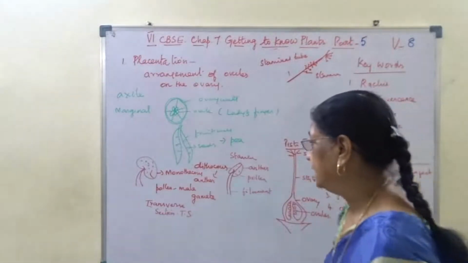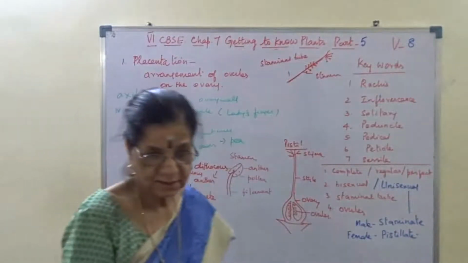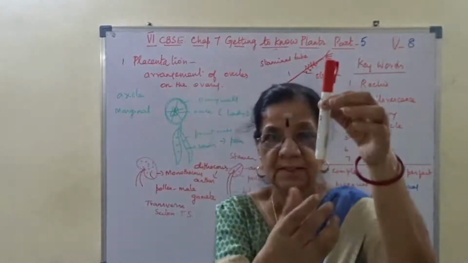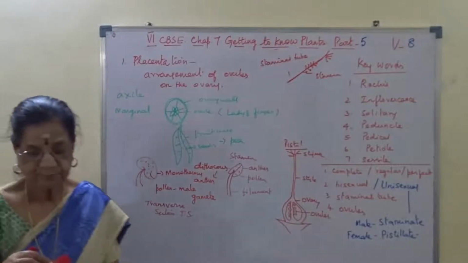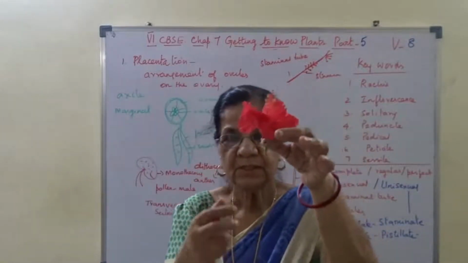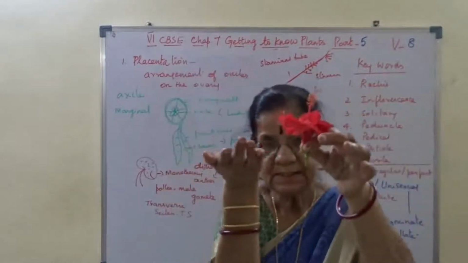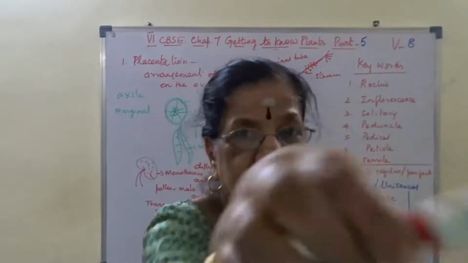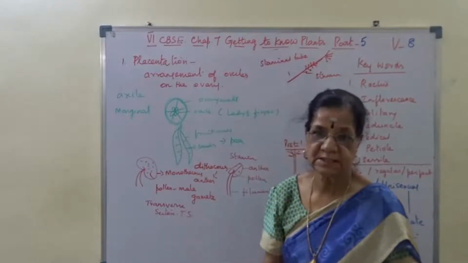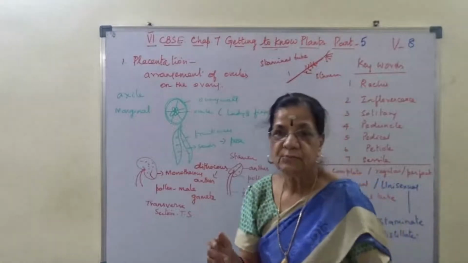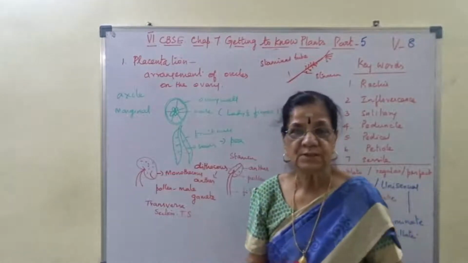We are talking about transverse section. See here, this is a flower. Okay, I am holding it like this. Now, when you cut the flower like this, we get a surface. So that is known as transverse section. So when the flower is cut in this way, it is called transverse section.